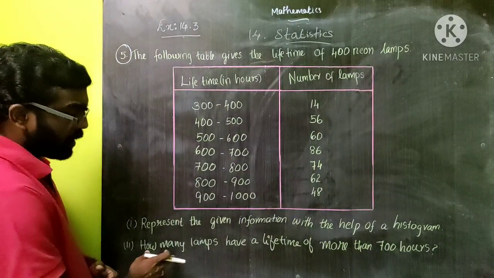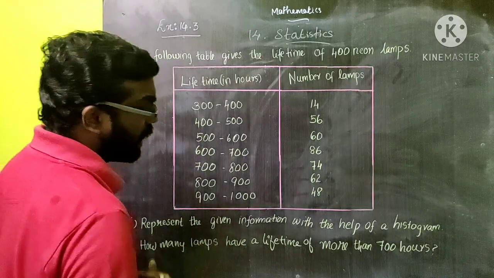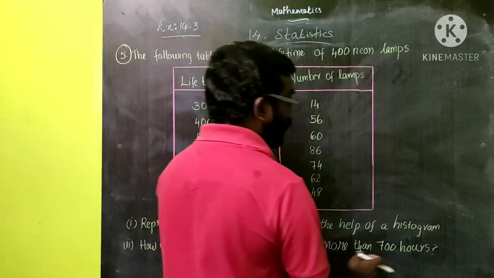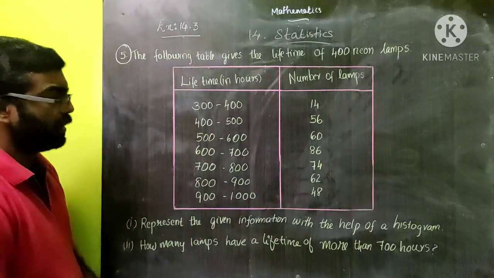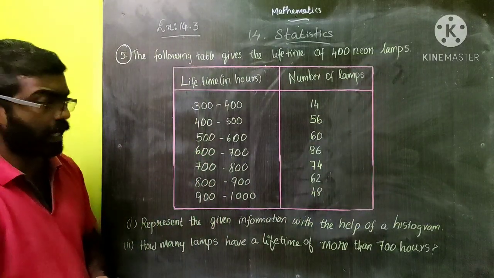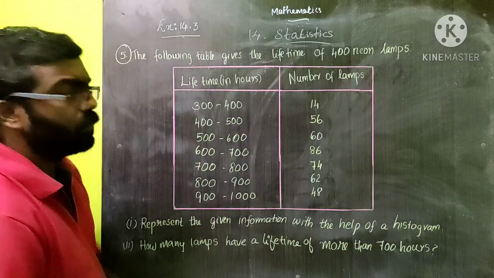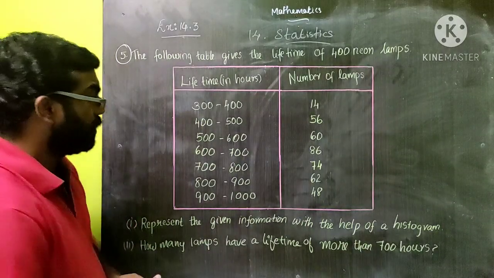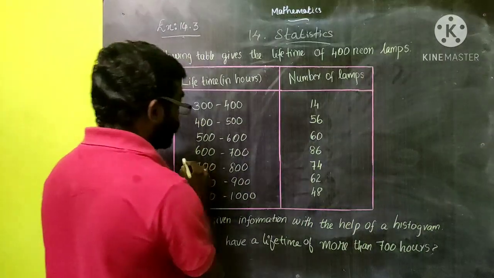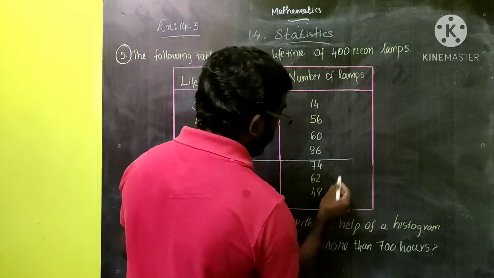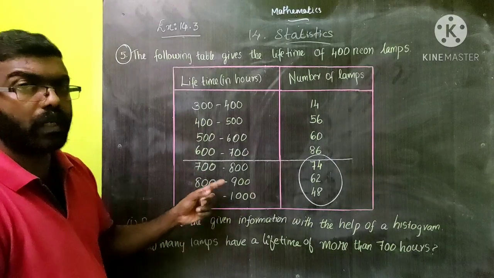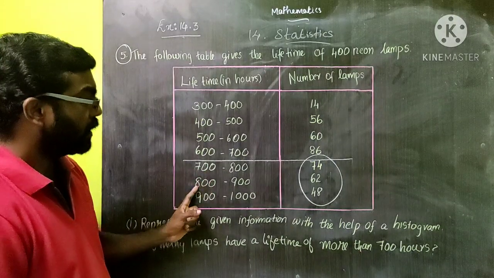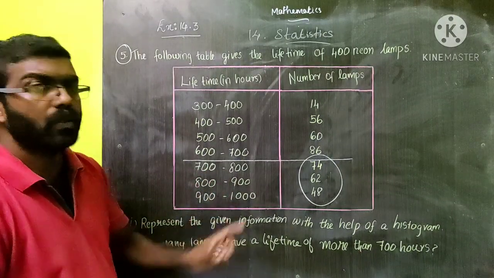And the second one is, how many lamps have a lifetime of more than 700 hours? We have to find the number of lamps of lifetime more than 700 hours. So we have to add these three numbers: 700 to 800, 800 to 900, 900 to 1000.